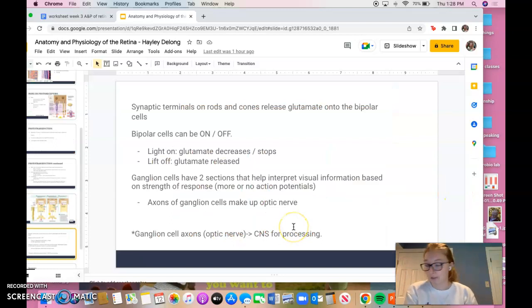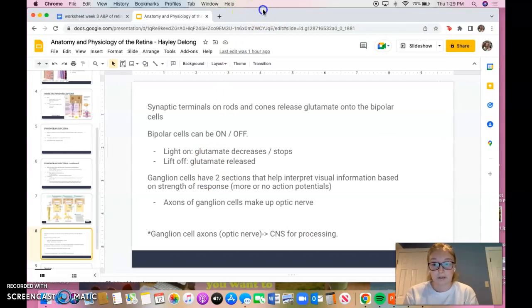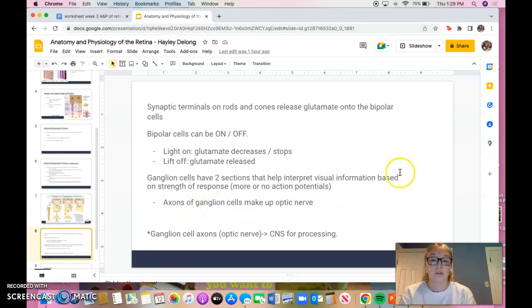And then this is a little bit about synaptic terminals and how they release onto the bipolar cells. The bipolar cells can be on or off. They are on when the glutamate decreases, and they're off when the glutamate is released. Then ganglion cells have two sections that help convey important information and strength of response, meaning more or no action potentials.